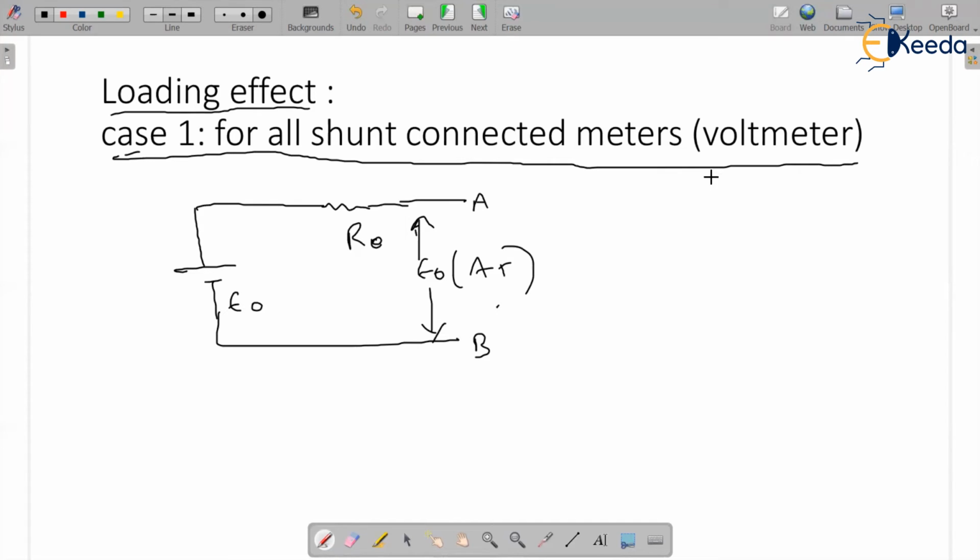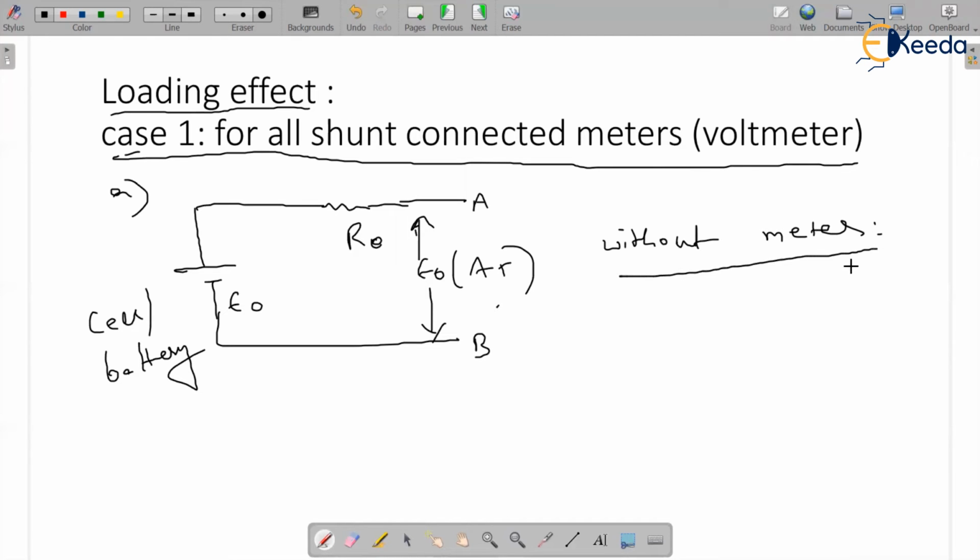This is a cell or a battery. In this case study, first of all, this is without voltmeter, without meter.